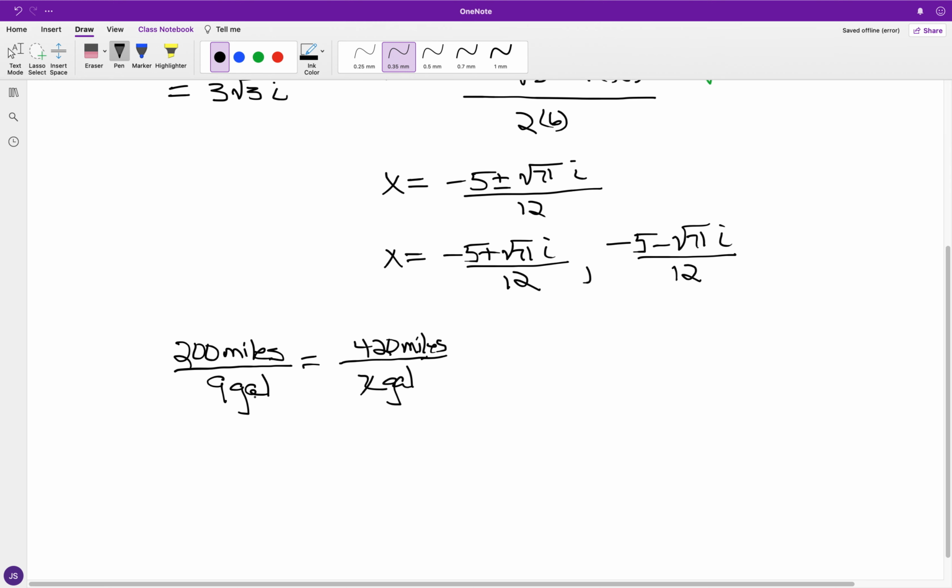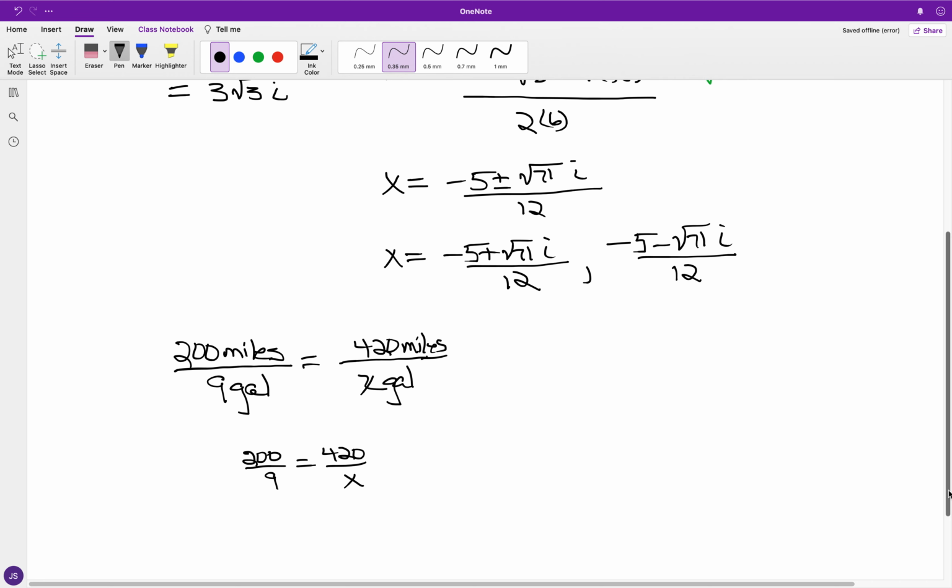If you have miles per gallon, you want the other ratio to be miles per gallon. If I set this up as 9 gallons to 200 miles, I would want the other ratio set up as x gallons to 420 miles. So we have a proportion: 200 is to 9 as 420 is to x.